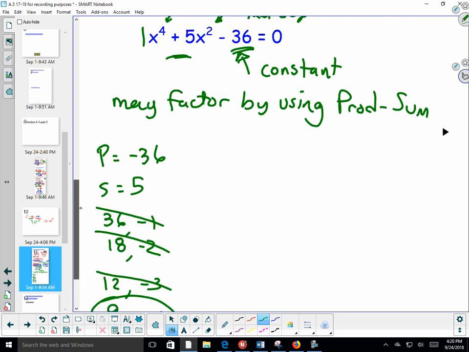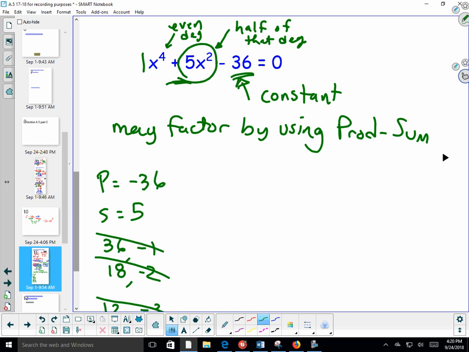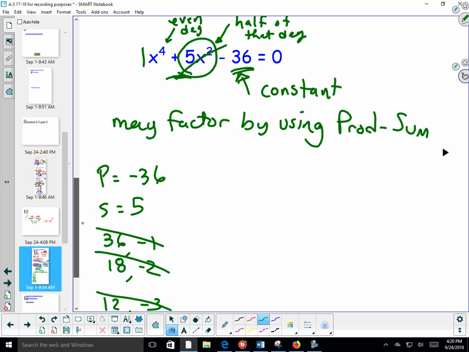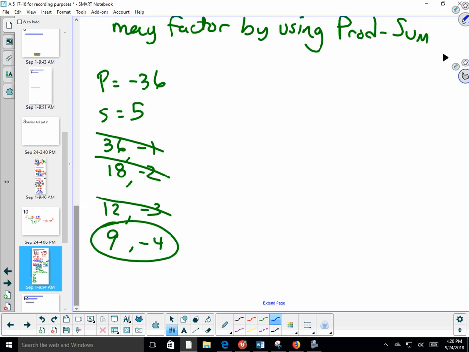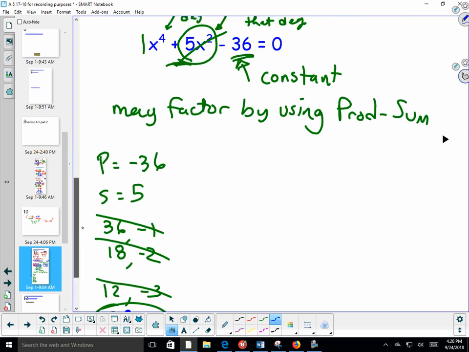So I'm going to take out my middle term, which in this case is 5x squared, and I'm going to replace it with two things that are going to add up to that, namely 9x squared and negative 4x squared. So I'm going to write x to the 4th plus 9x squared minus 4x squared minus 36. And I'm going to factor by grouping.